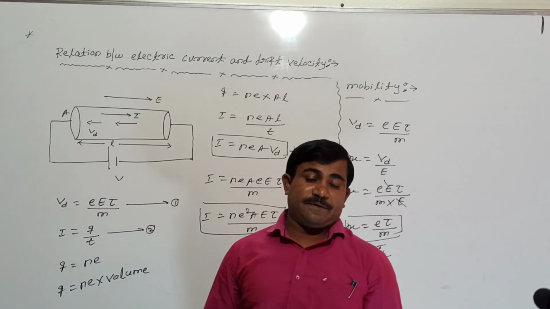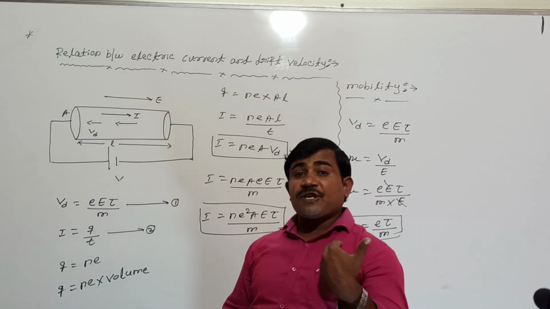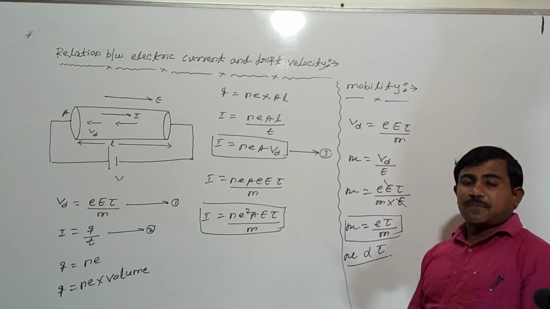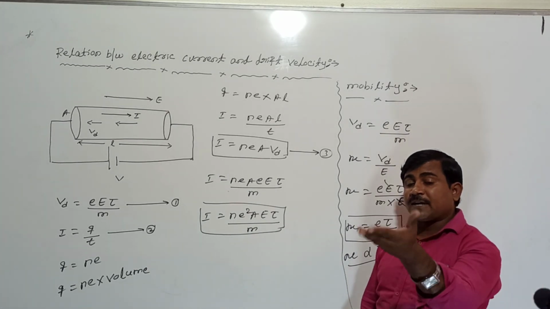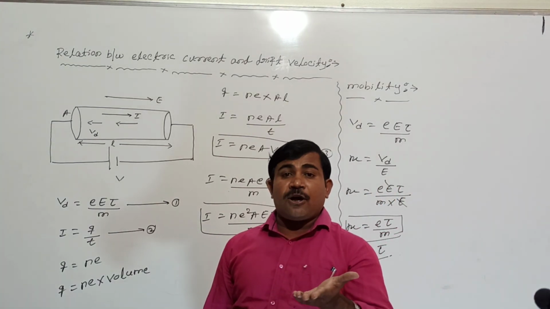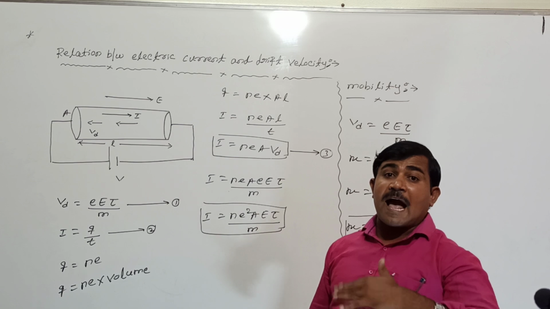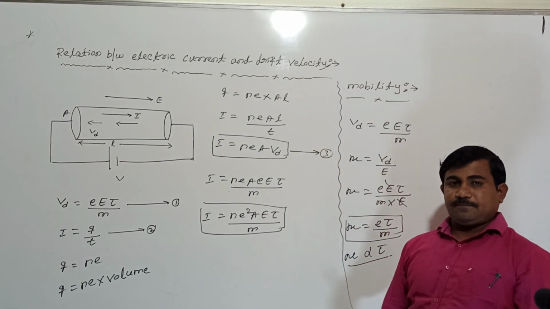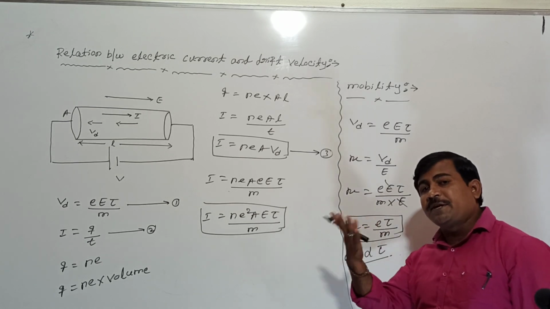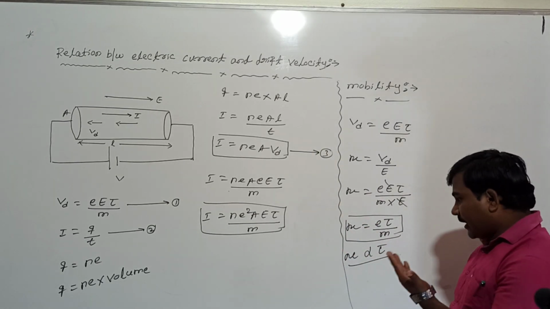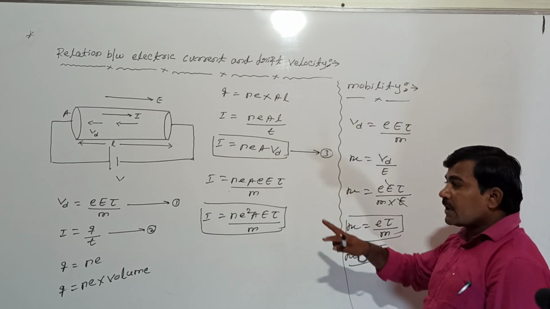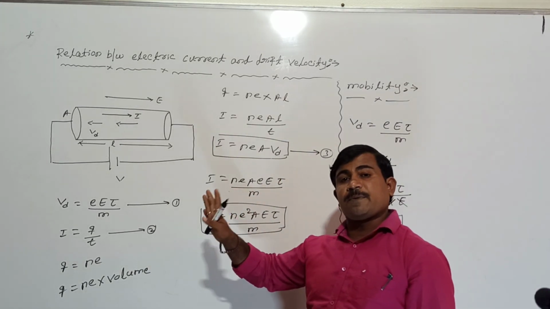Students, already we know that when temperature increases, the relaxation time decreases, because as the temperature increases, the electrons collide with the positive ions much faster. That is why the time decreases with increase in temperature. Directly, as the temperature of the conductor increases, the mobility of the free electron must decrease.